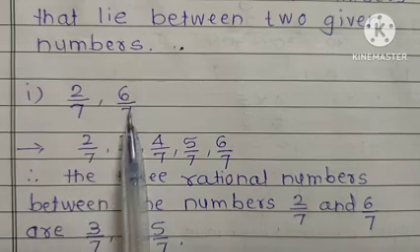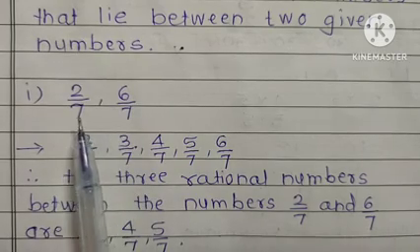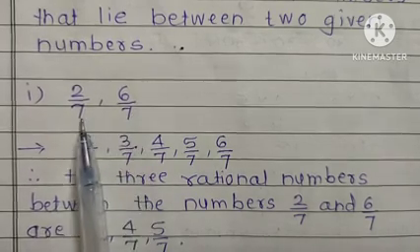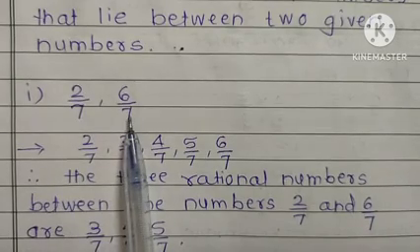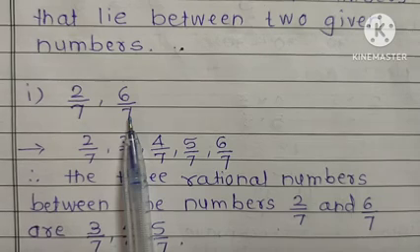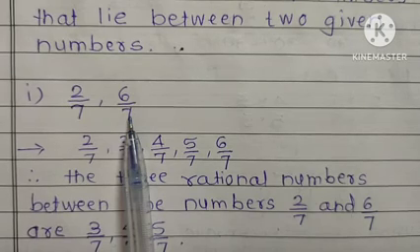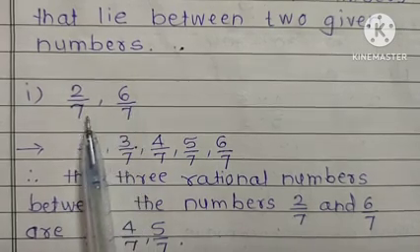There are two rational numbers, but their denominators should be the same. Okay? So, if denominators are not the same, you make them similar by multiplying and dividing each rational number.